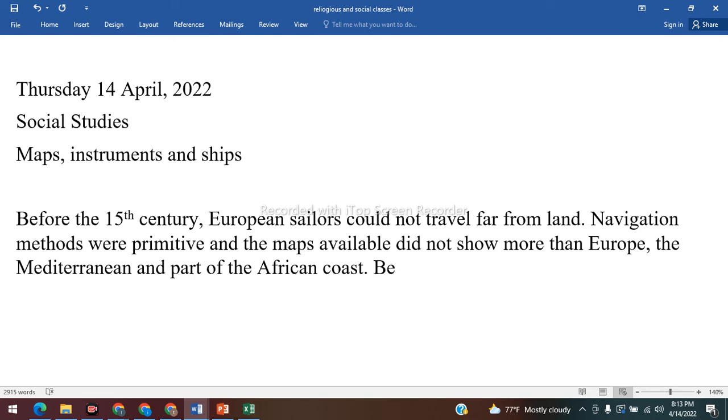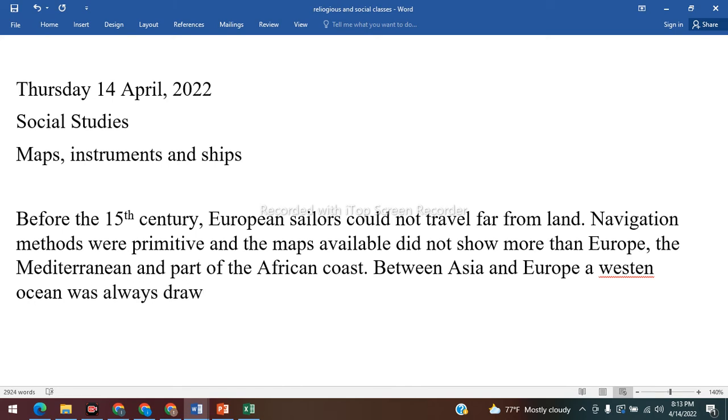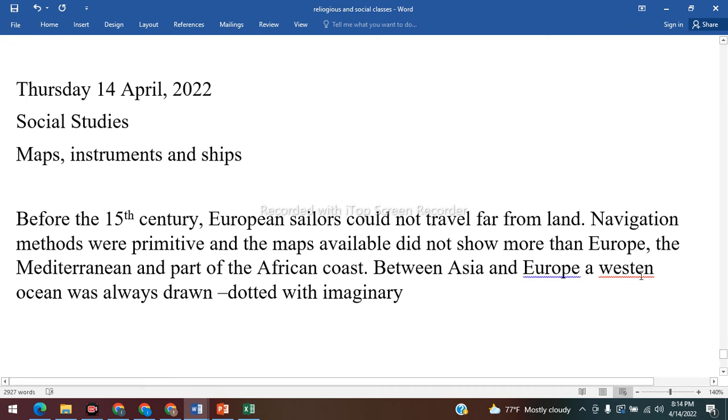Between Asia and Europe, a Western Ocean was always drawn, dotted with imaginary islands, but no continents.